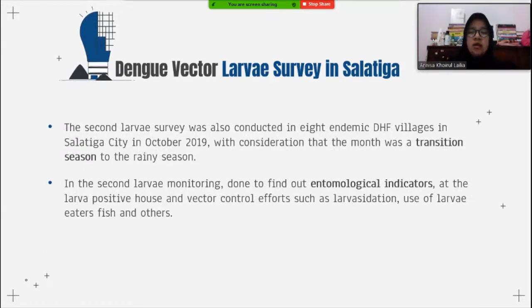And the second larva survey was also conducted in 8 endemic villages in October, with the consideration that the month was a transition season, so it is already in the rainy season. And the second larva monitoring is done to find out the entomological indicators at the larva-positive houses and vector control efforts such as larvacidation and the use of larva-eating fish and others.